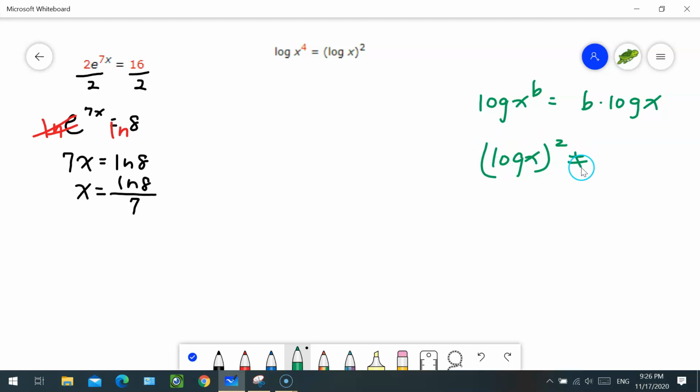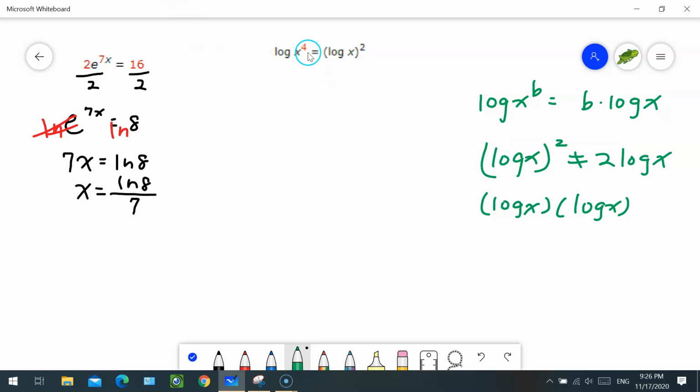This one is not equal to the power rule, because this power 2 gives us the notation that this is a log x multiplied with another log x. So you don't swing this power 2 to the front.